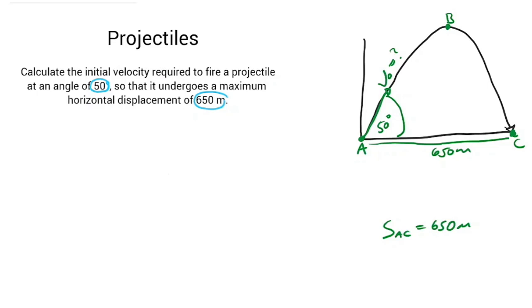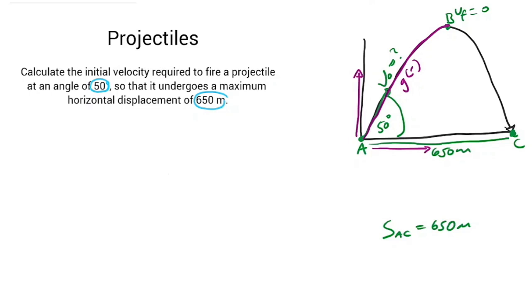Here they are looking for an initial velocity. You must bear in mind that the final velocity at point B is 0. When you go from A to B, g is negative. Here we have the horizontal component of the speed and the vertical component.